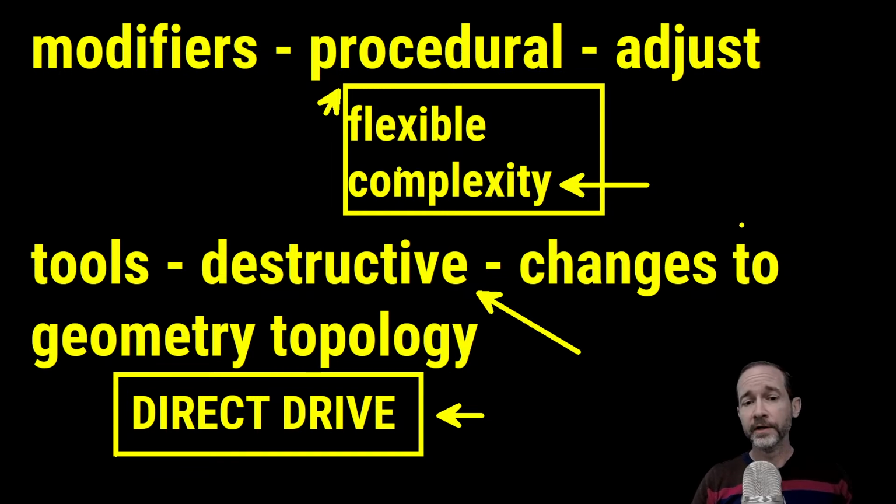The flexibility of the procedural work comes at a cost, and the cost is not to the computer, it's to your mind, right? Are you able to properly and accurately represent what's happening here?